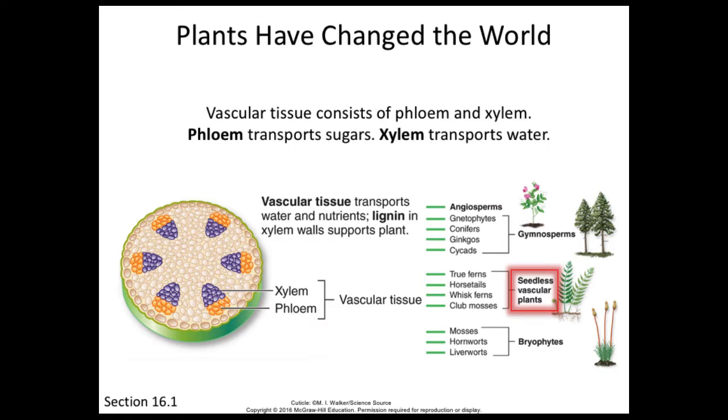Vascular tissue consists of 2 different types. We have phloem and xylem. Phloem is the tissue that moves the sugars that are made by photosynthesis. Xylem transports the water, and typically that water is going to move from the roots and stem to the leaves of our plant.